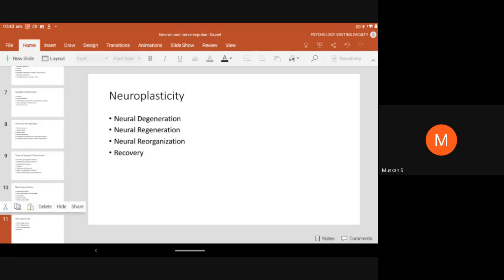Before that, I will tell you that in the first section we have studied the structures, the functions, the conduction, and the transmission of the synaptic region, etc. Now, this section is the last portion of this chapter or unit.